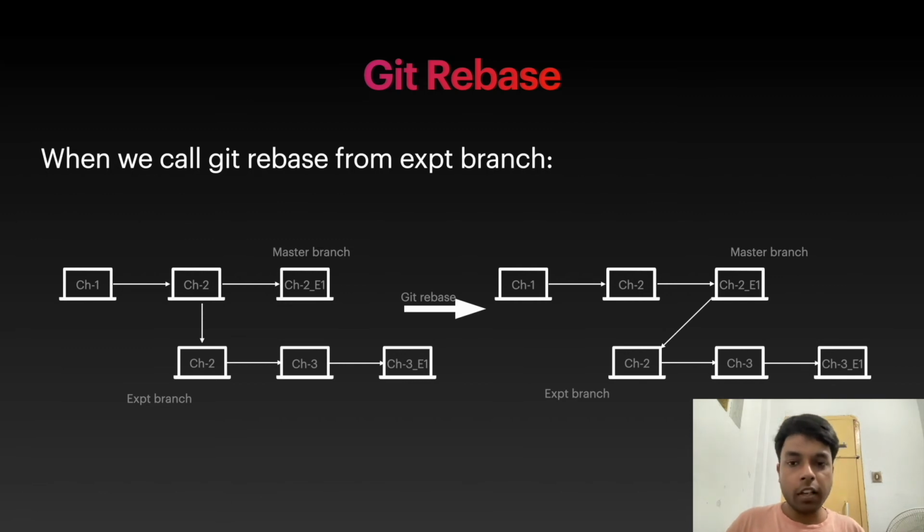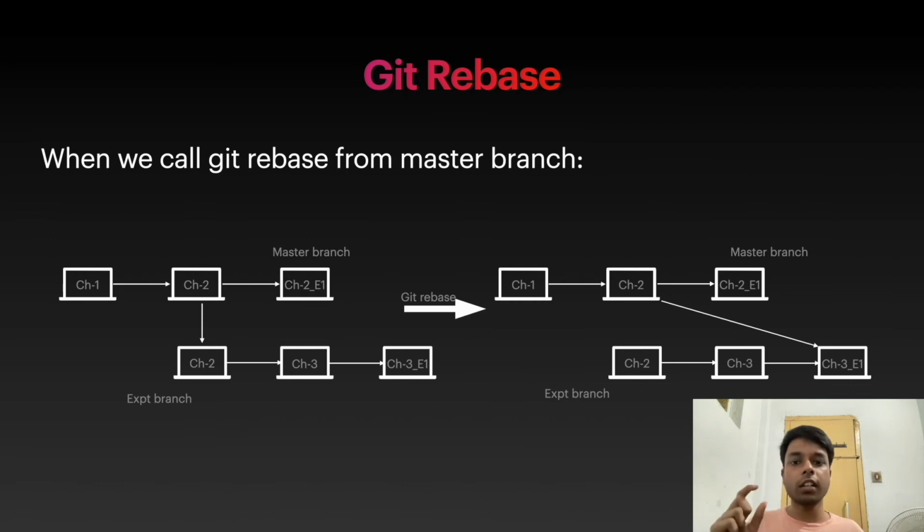Now if you call git rebase from the master branch, that is, you are in your master branch and you call git rebase experimental branch, then something else happens. So here you have the base as chapter 2 and it is rebased, and our experimental branch is being rebased.